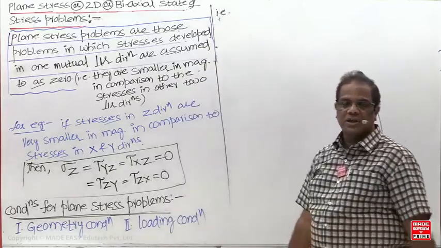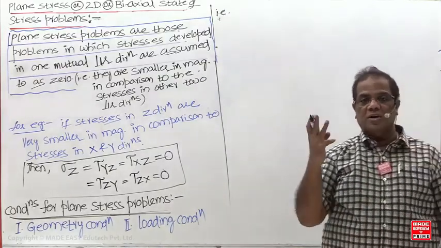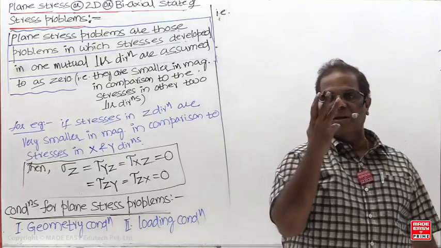Geometry and loading condition. What is the meaning of this now? Generally you are going to get a three dimensional solid, which means you will have 3 dimensions.